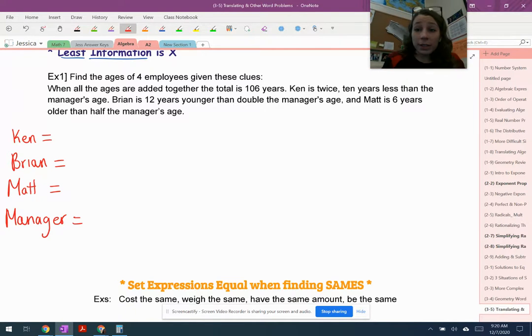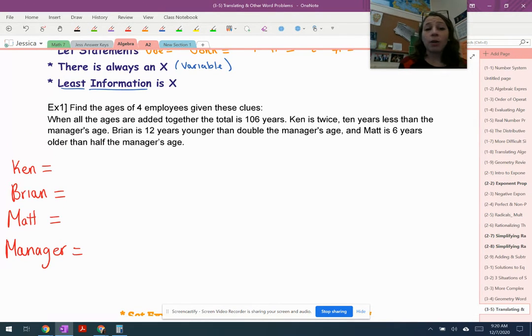So now to the translating pieces. Starting off with, who do I have the least amount of information about? Who is my plain old X? Well, this second sentence here is talking about Ken. So this one is all about Ken. Ken is twice 10 years less than the manager.